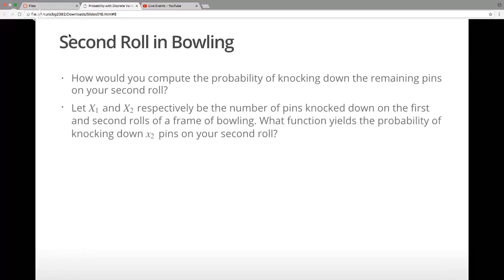And so what in general would be a function that yields the probability of knocking down x2 pins on your second roll, where x2 could be all the remaining pins or it could be some subset? What would be a function that we can call to evaluate that probability? It's just a generalization, really, of what we just said.